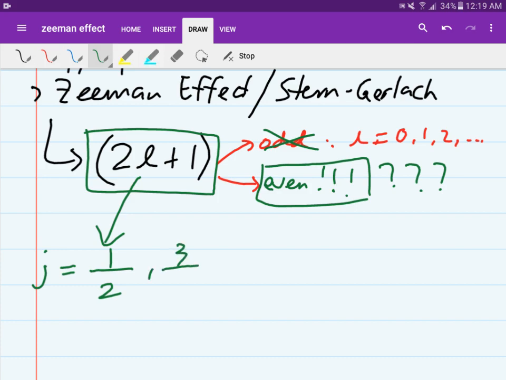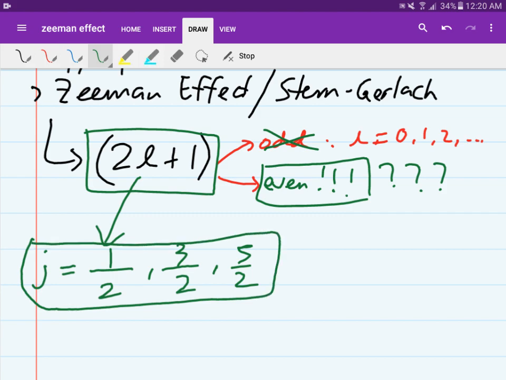This can be 3/2, this can be 5/2. So the only way for this to be even is to have a half integer number of j.